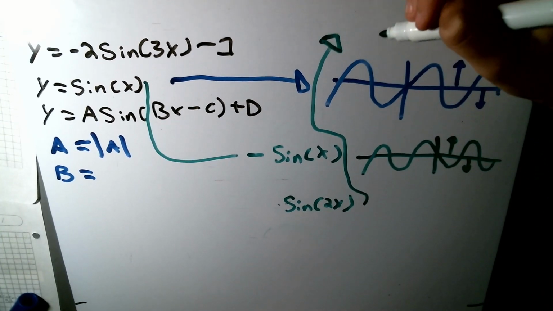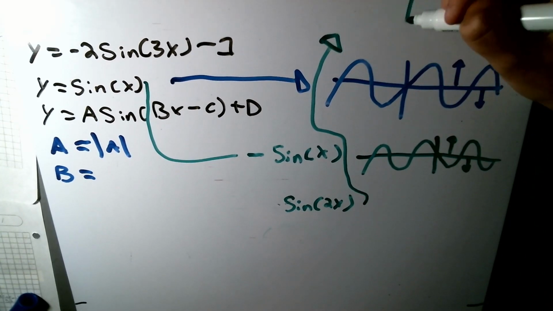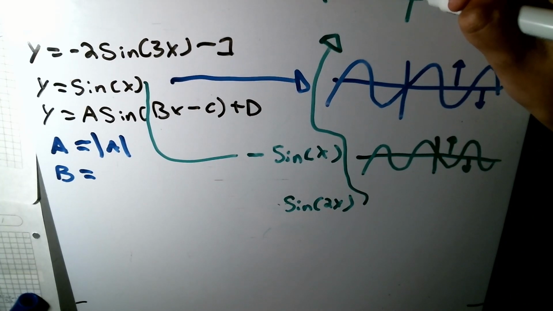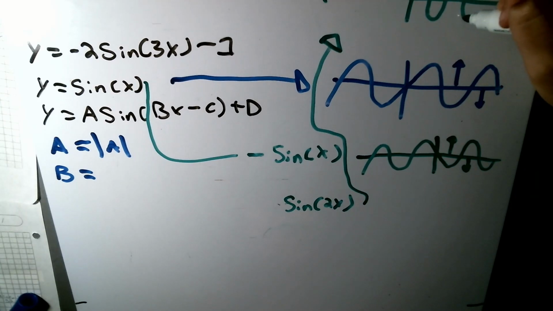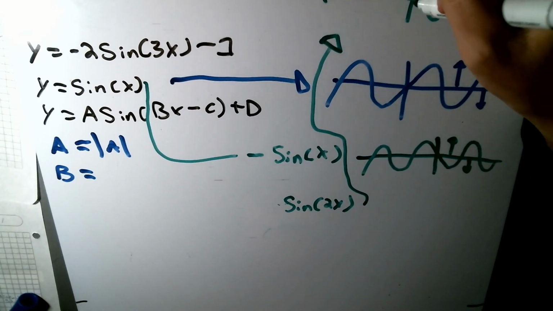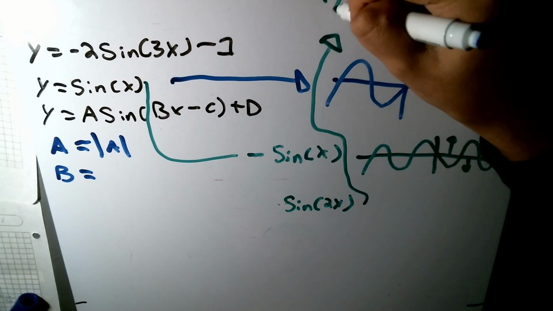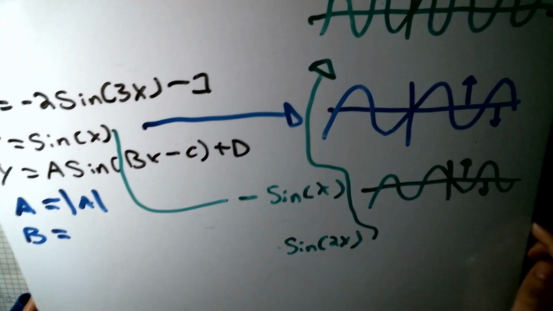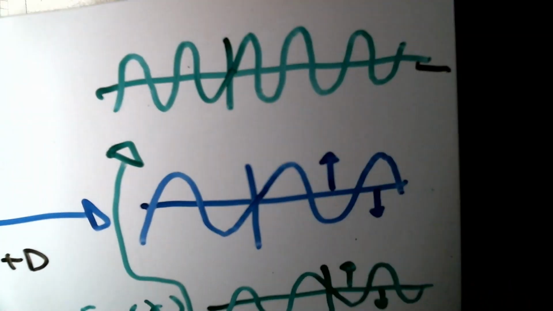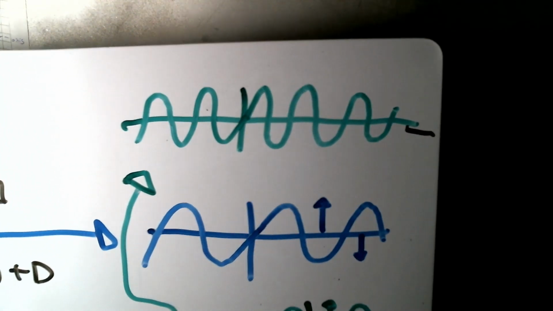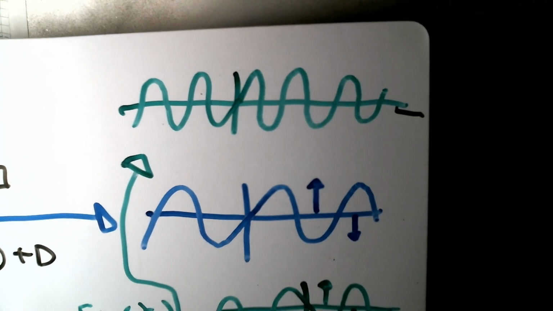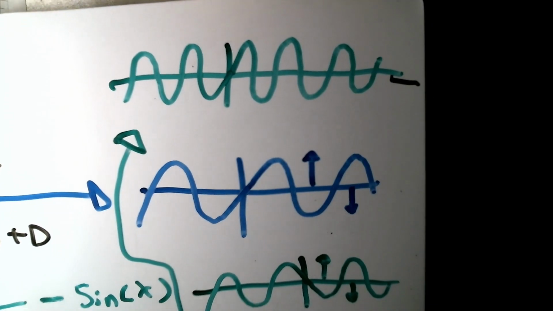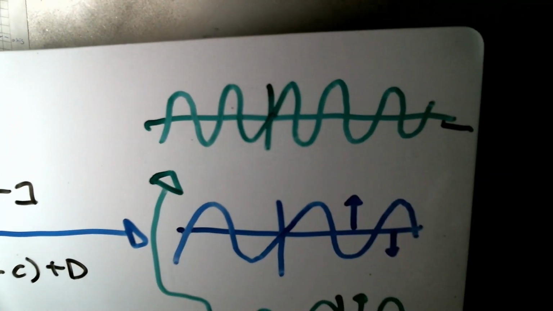Here's the graph, and it will go like this, and the other side too. Compare the blue one, which is sine of x, and the green one, which is sine of 2x, which is more frequent, and the waves appear skinnier.